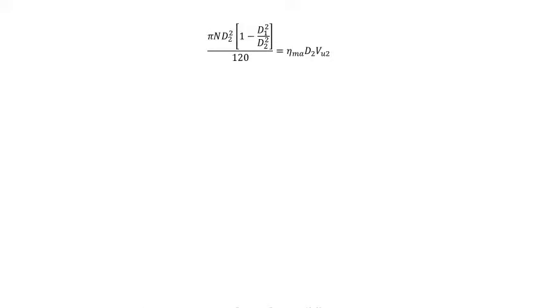After simplifying, there is pi N d2²; d2² is taken outside, so that is (1 - d1²/d2²)/120 equals the manometric efficiency into d2 Vu2.